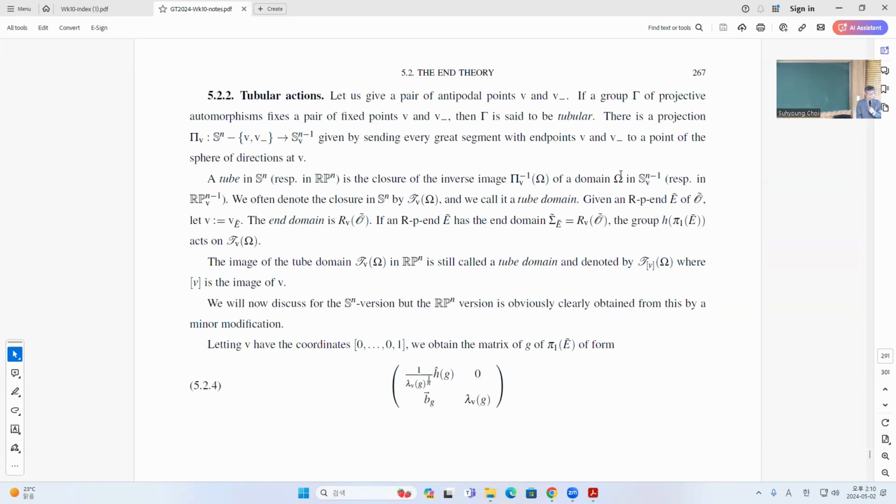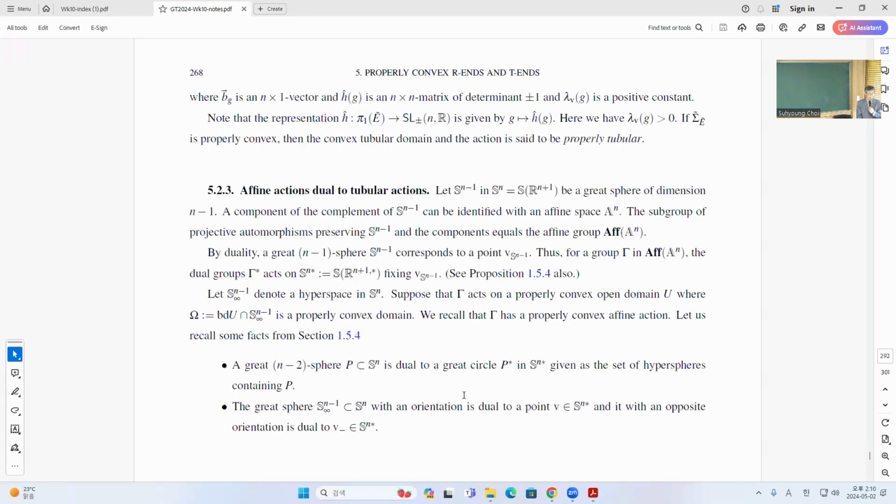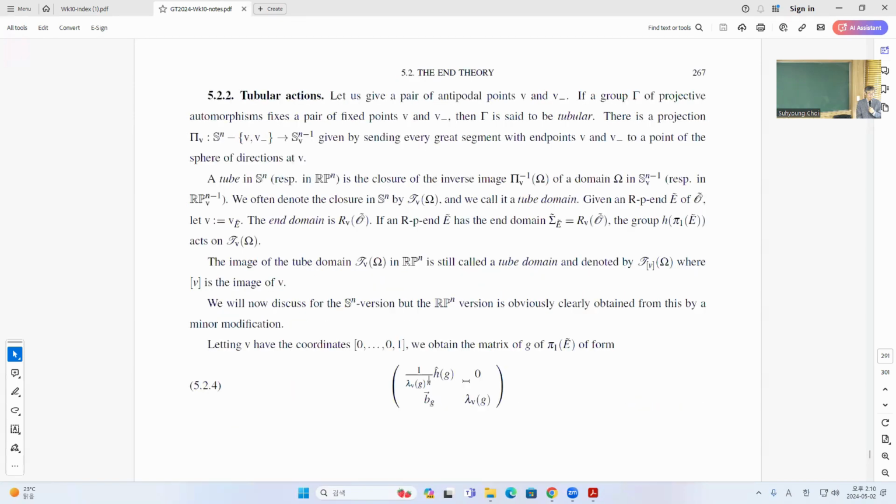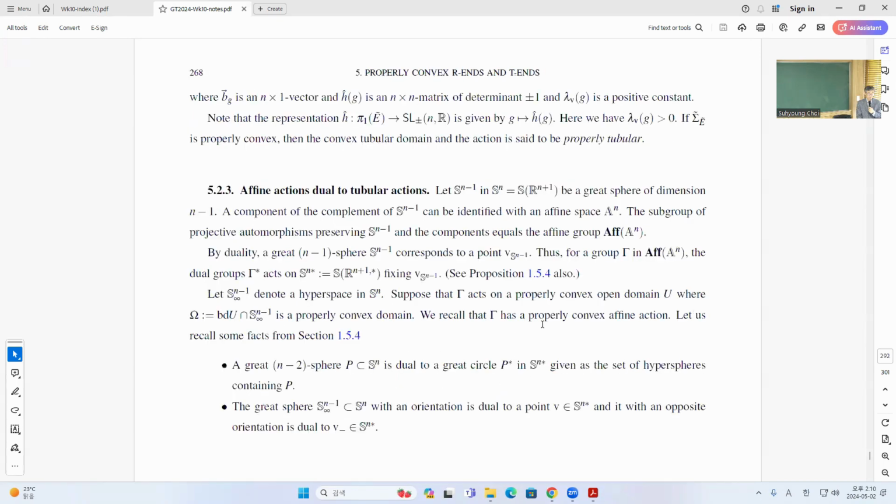So a tube is, if you have some domain, then you look at the inverse image of this, and this will be foliated by these geodesic segments ending at B and minus B. So the tube domain will be the union of all these things. Suppose we have this kind of action, then this will act on this tube as long as this linear part acts on Ω.